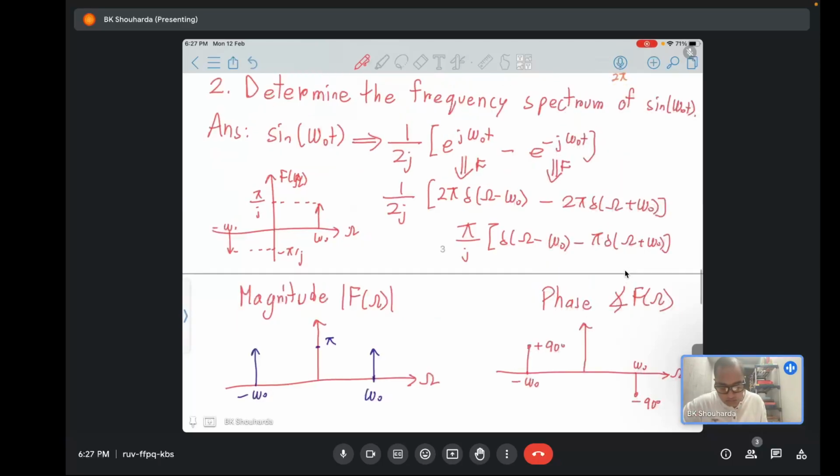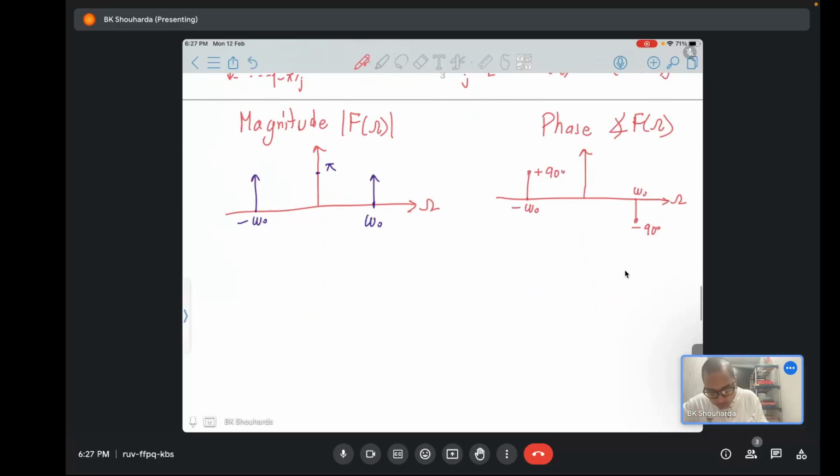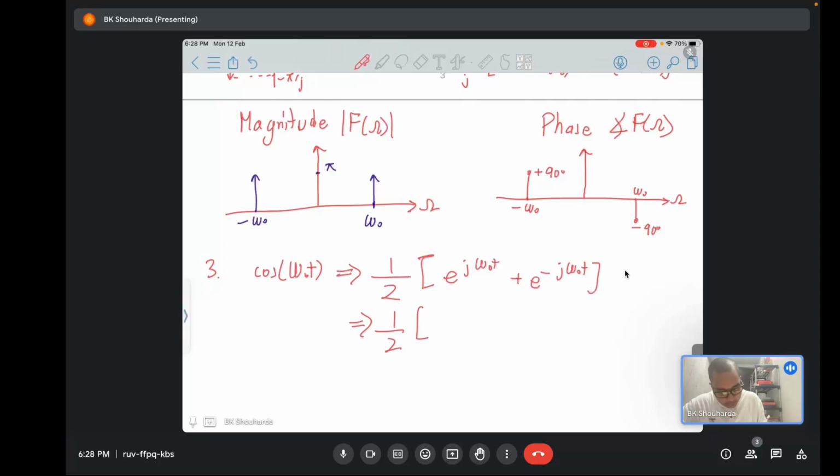Now the same thing has been asked for cosine of omega naught t. We can again repeat this exercise, so it can be written as 1 upon 2, e to the power j omega naught t plus e to the power minus j omega naught t, and then we have 2 pi delta omega minus omega naught plus 2 pi delta omega plus omega naught.